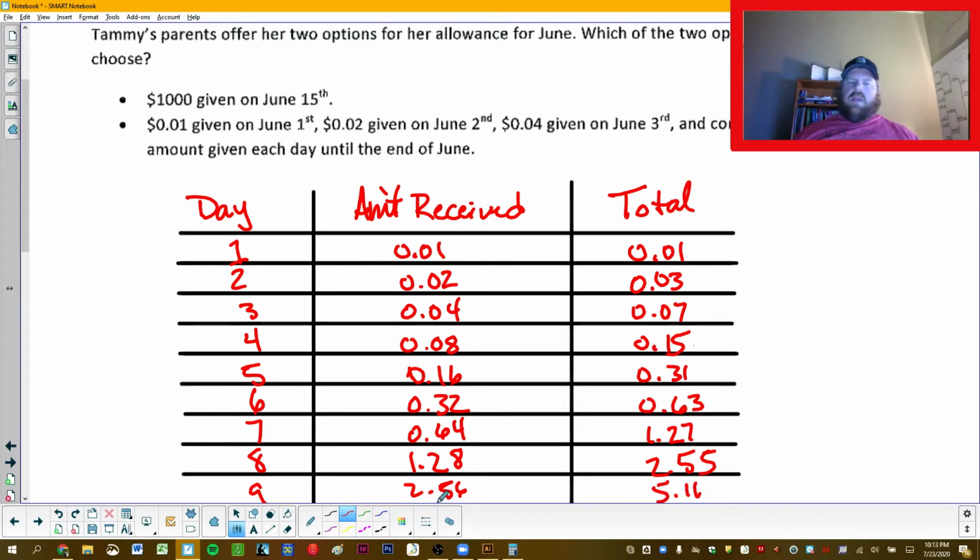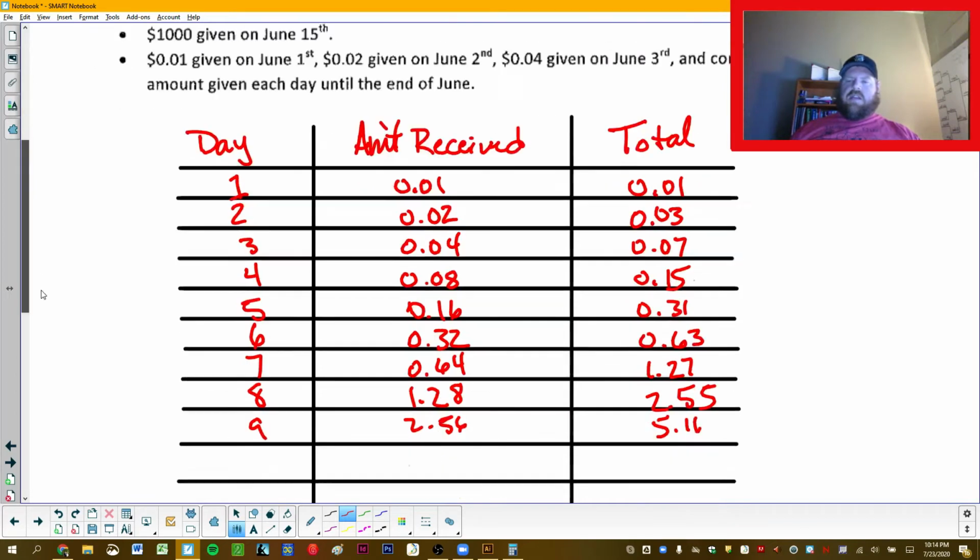And that's what we get at the end of day 9. We've got $5 at day 9. Probably have about $10 on day 10. So it took you 10 days to earn $10, or on the 15th you can just take $1,000. It's up to you. But for this process, it goes 30 days.